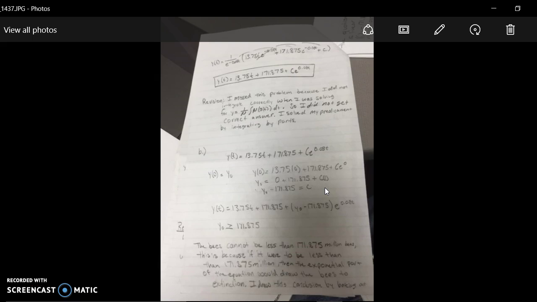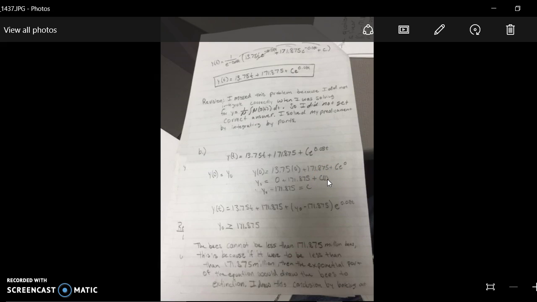I can say y of 0 is equal to y sub 0. Plugging in 0 for t, I find y of 0 is equal to 0 plus 171.875 plus c.